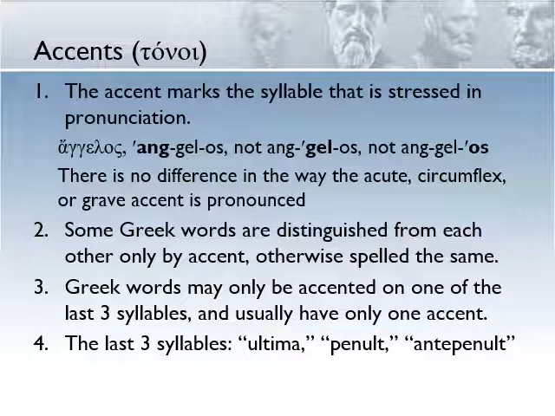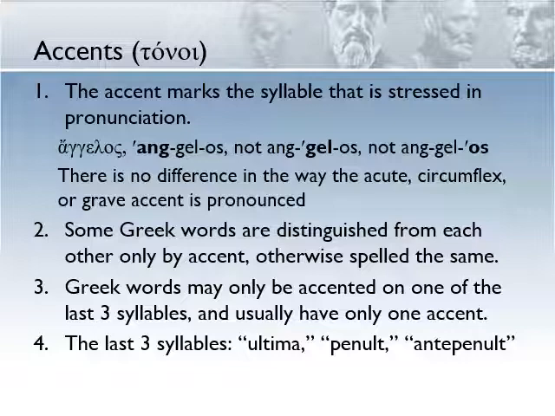So that's a long way of explaining the names of these last three syllables, but we'll be using these names. Again, ultima is the last syllable, penult, the second to the last, antepenult, third from the last. These are the three syllables that may be accented in a Greek word.